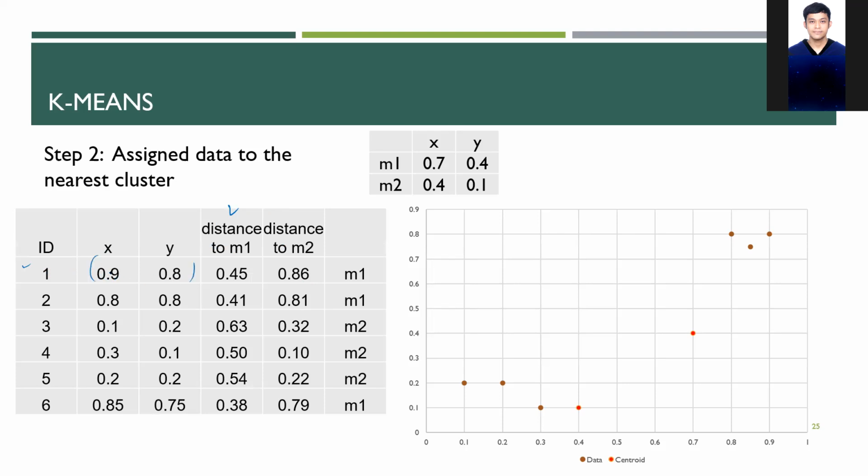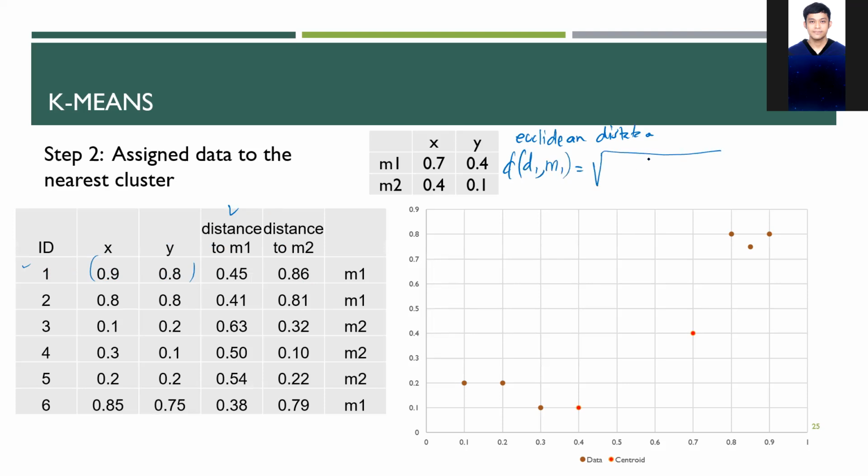So I use, let's say, Euclidean distance. I calculate the Euclidean distance between data point 1 and centroid 1, for example.